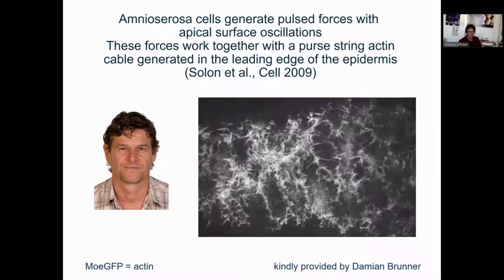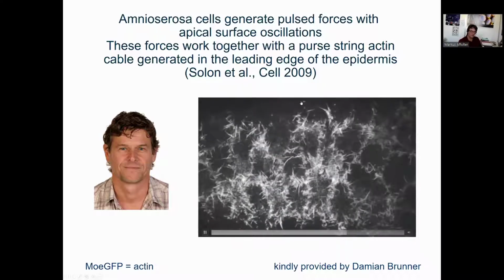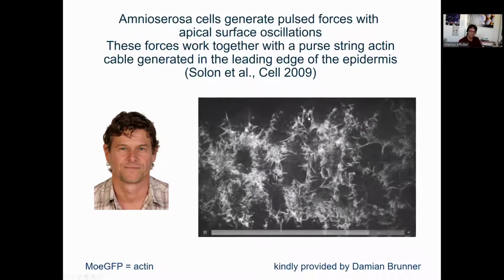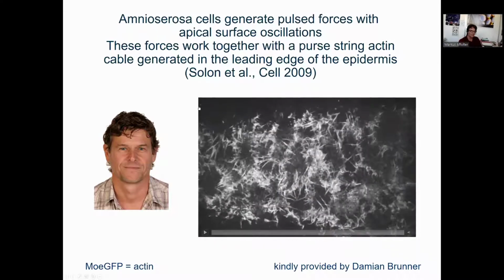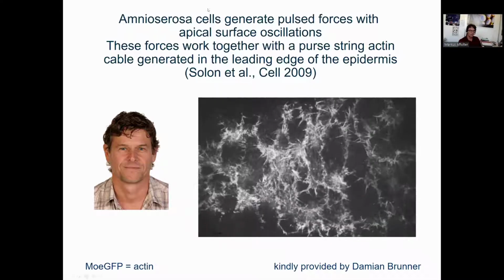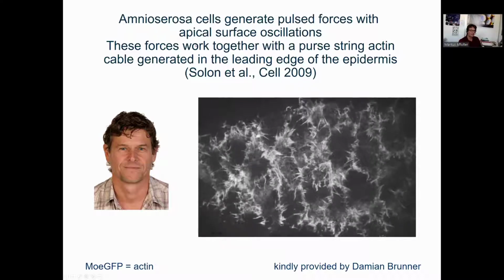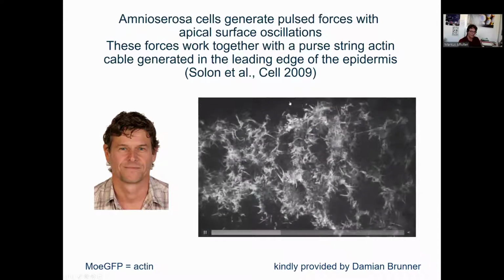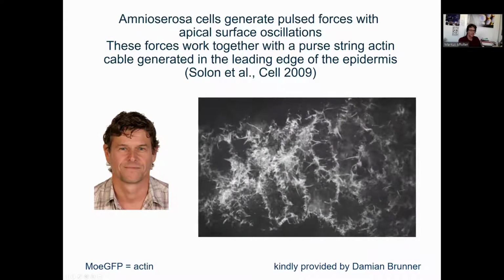So of course he hypothesized that these forces are important, but he also hypothesized that they need to work in conjunction with this pearl string out here. So the Cell paper that he published in 2009 said that these amnioserosa cells generate pulling forces and apical surface oscillation, and these forces, together with the actin string, which is not shown here, generate dorsal closure.